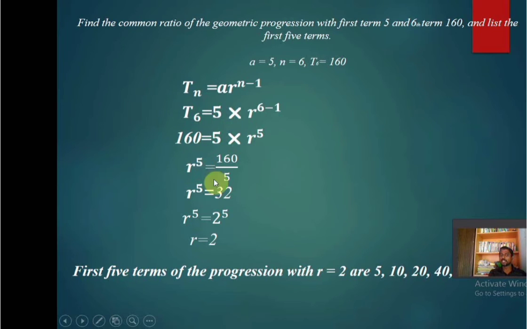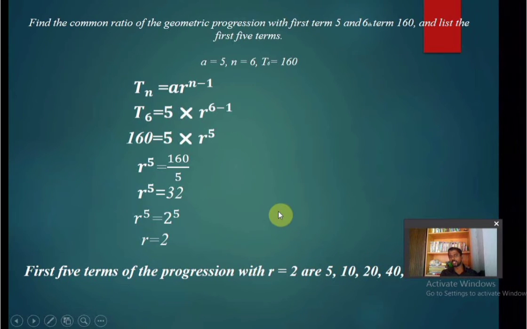Then r to the power 5 equal to 160 divided by 5, which is 32. Then r^5 equal to 2 to the power 5. Therefore r equal to 2. So the progression with r equal to 2 is 5, 10, 20 and 40.